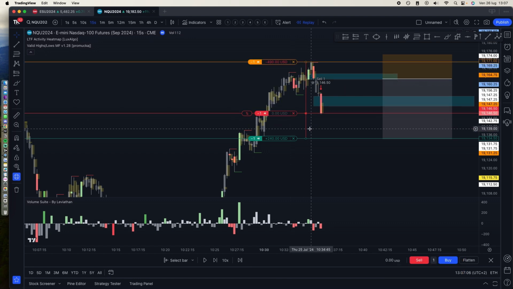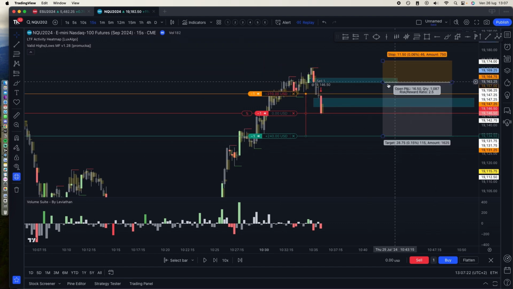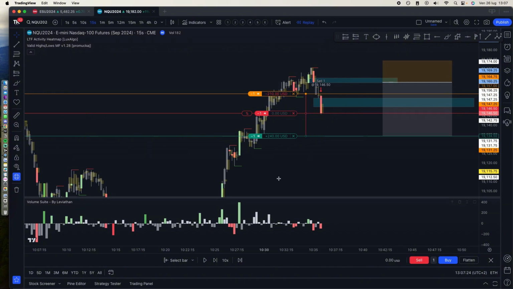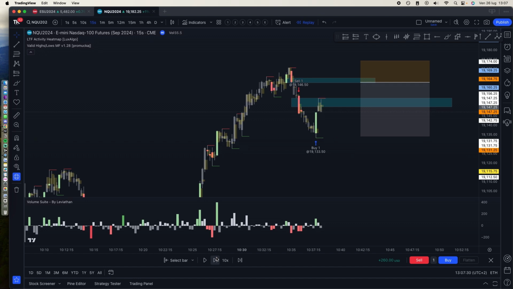Obviously this trade is not good because we have not a good risk reward ratio. So I move the stop loss here, and the second entry could be this one. But this is all I want to know. We trigger that.